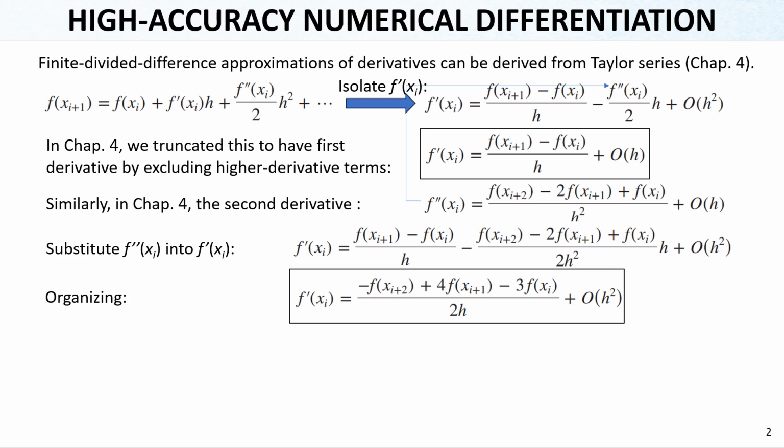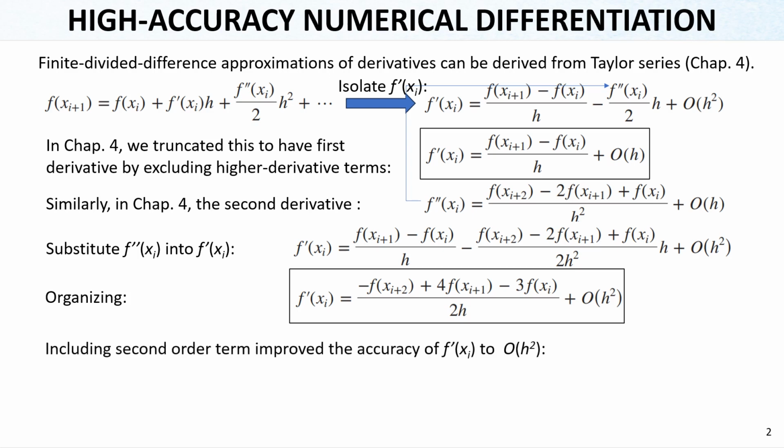When we kept the second derivative and substituted the numerical approximation for the second derivative into here, we obtained a second order error. So we were able to get a better approximation for the first derivative. Of course, for this you need three x values and three function values of these x values, which is different from the first order approximation, which has two values.